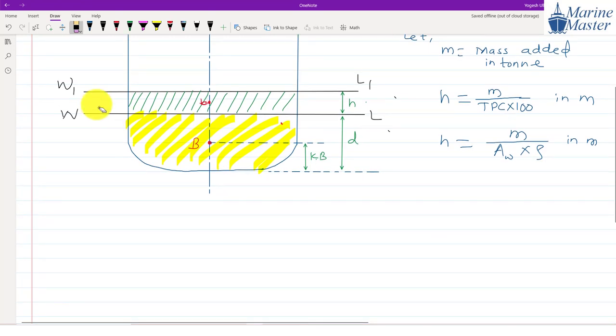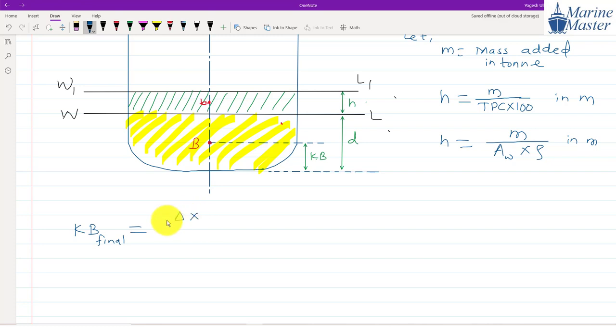Guys, what is our water displaced? Guys, try to understand my point. And that KB final will be what, guys? Very simple discussion. KB final will be what, guys? What will be the KB final?